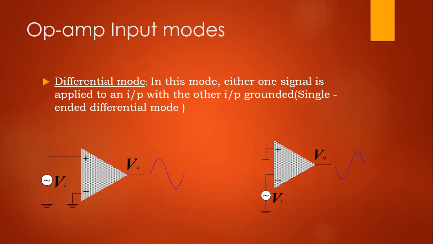Now let us see the op-amp input modes. The input signal modes are determined by the differential amplifier input stage of the op-amp. First, differential mode. In this mode, a signal is applied to one input with the other input grounded.